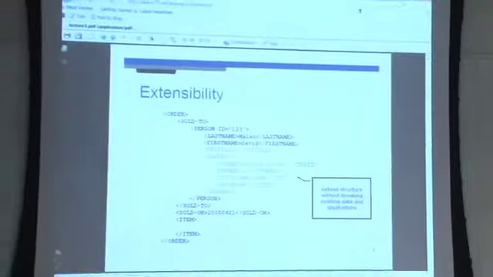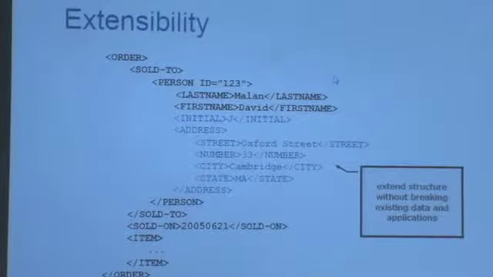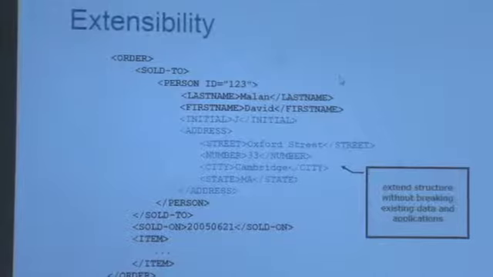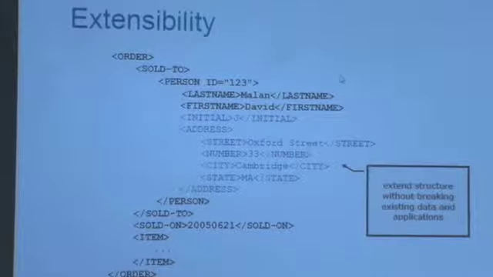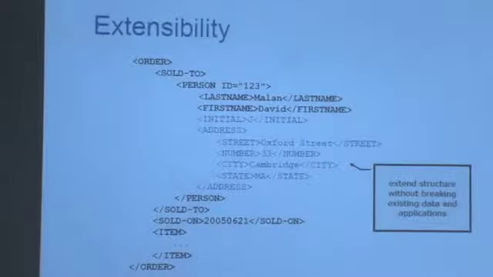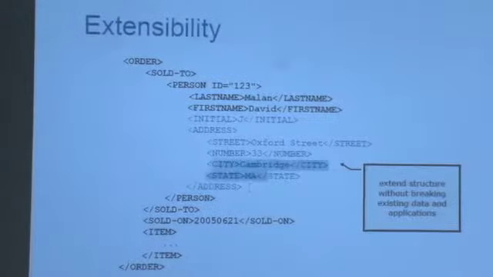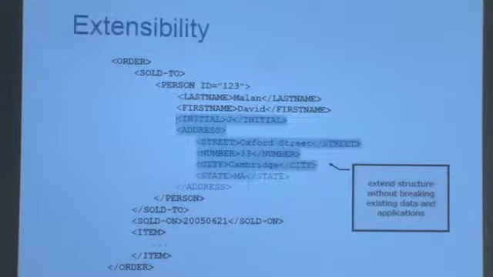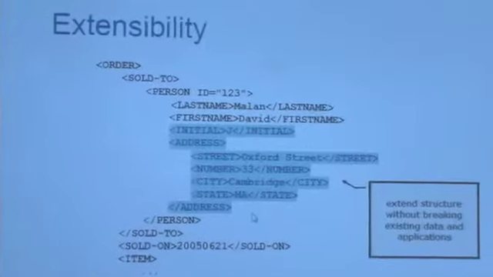One good thing about XML is its extensibility. When you have an original structure of the XML, you can insert other tags and other attributes into this XML without breaking the existing data. In this case, we originally do not have this block here in the middle.